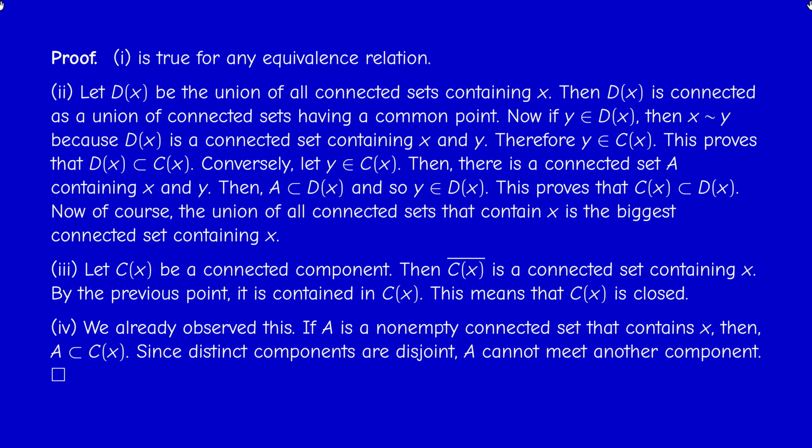Therefore, C(x) contains A, and A cannot be contained in another component because the components are disjoint. So, for example, going back to the first example of R star, if you consider the closed interval 1, 2, this is a connected set containing 1. And it's contained in the component 0 to plus infinity.